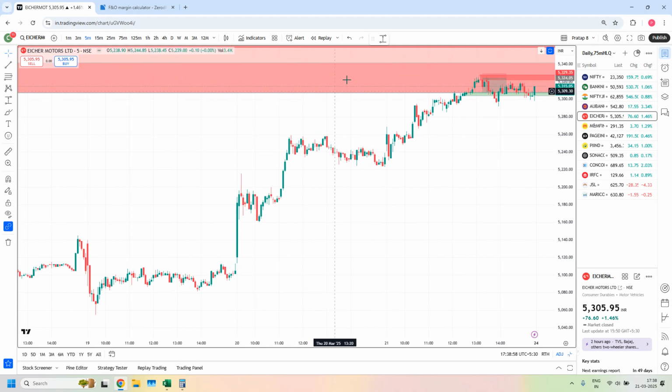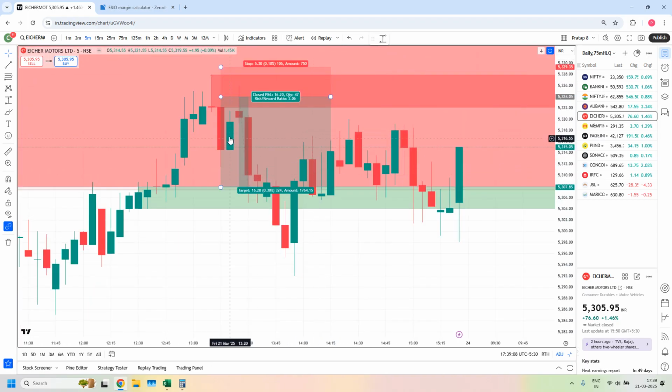We have an already existing fine-tuned 5-minute zone. This is a fine-tuned 15 minutes, sorry. This is the fine-tuned 15 minutes, but this zone did not have a 5-minute zone. Today that 5-minute zone was created. Rally, base, rally, rally, base, rally. In the next 2 candles, the second candle, we got the trade.